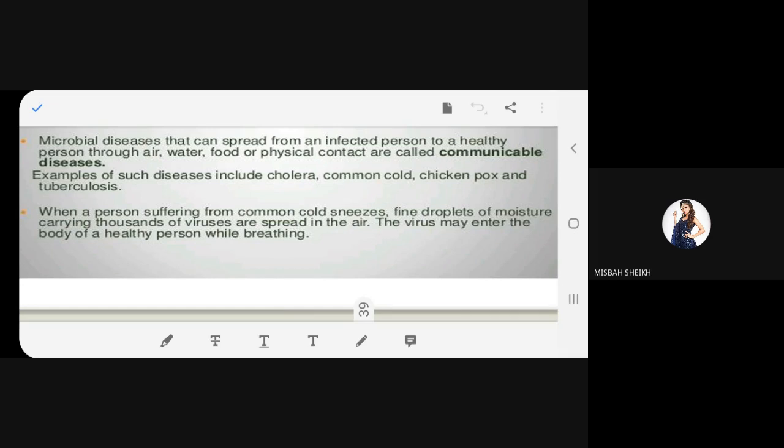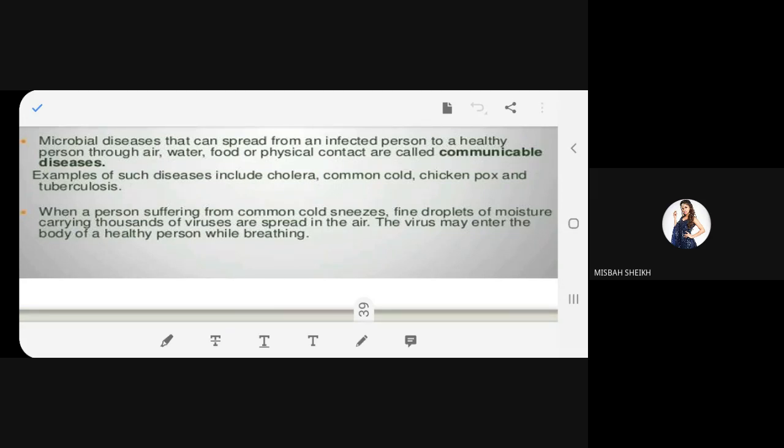You are sitting next to me. So obviously, you're breathing. That droplets carrying the viruses will be inhaled by your body. You understand what I'm saying? You are healthy. I'm unhealthy. You are healthy, remember that. But you will become unhealthy by taking in those viruses while inhaling, while breathing. Is it clear?